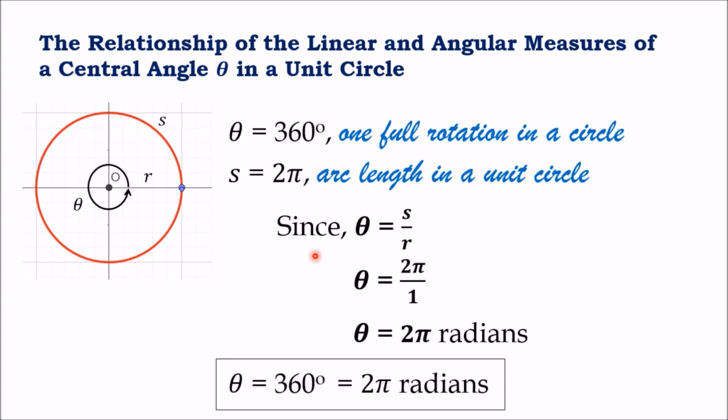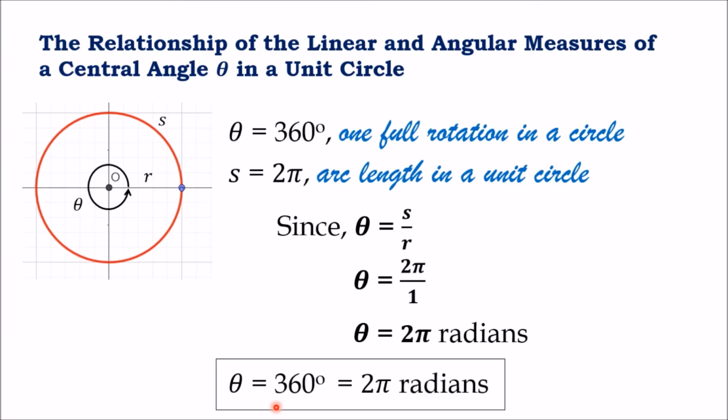Since the central angle theta in radian measure is equal to s over r, then by substituting the exact values of s and r in the unit circle, we have the central angle theta equal to 2 pi radians. Definitely, when a central angle theta is fully rotated in a unit circle, theta in radian measure is equal to 2 pi radians, which is also equal to 360 degrees.